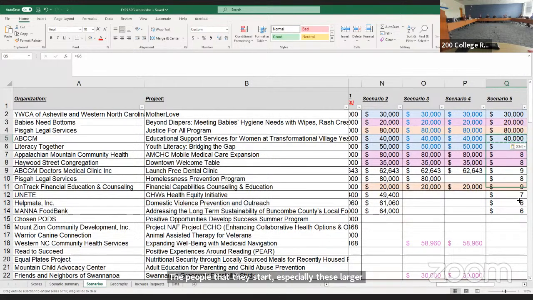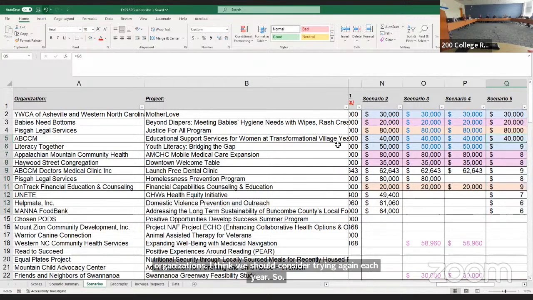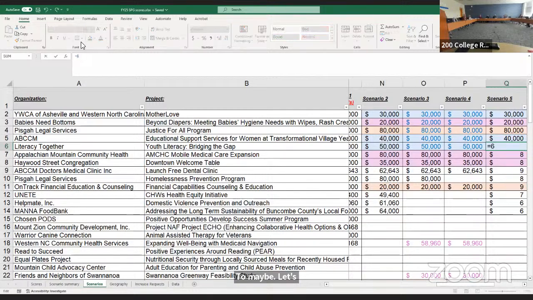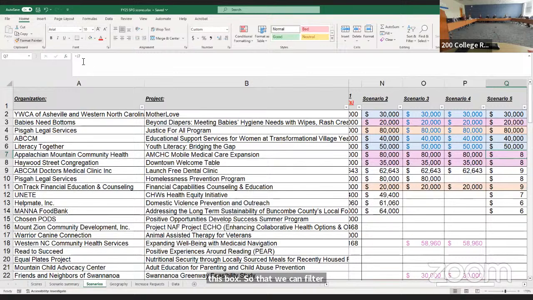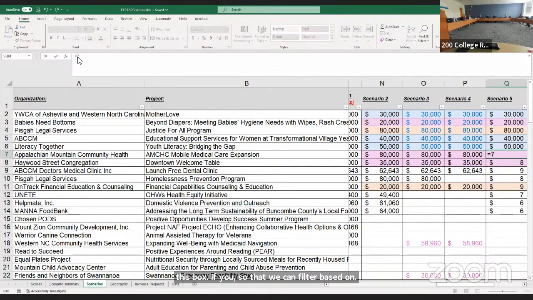I think we should consider trying again each year. So far, we've been tweaking the geography questions to be less narrative, like check this box if you serve people from all over, so that we can filter based on that. Check this box if you are located in Buncombe outside of Asheville.